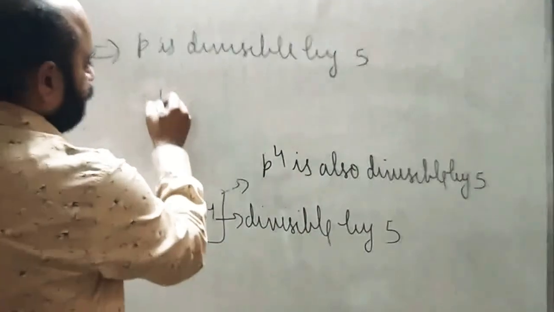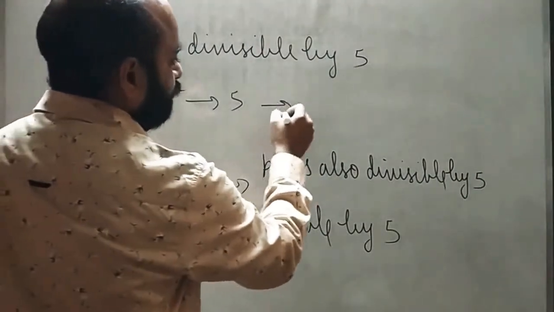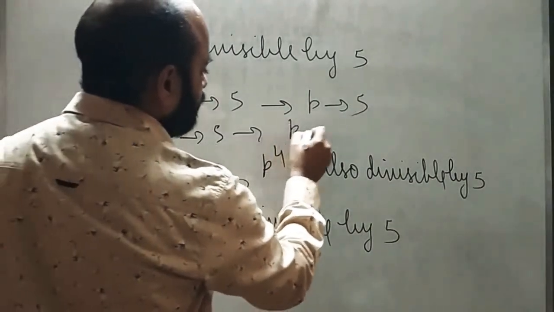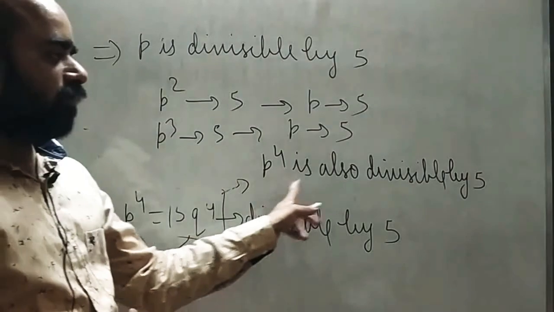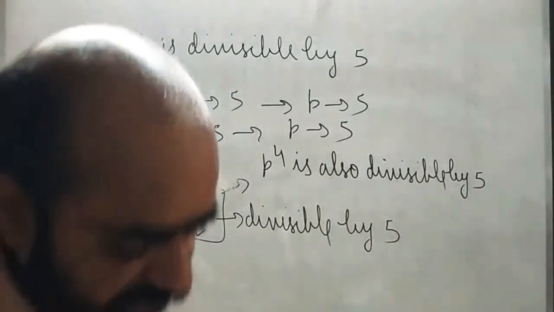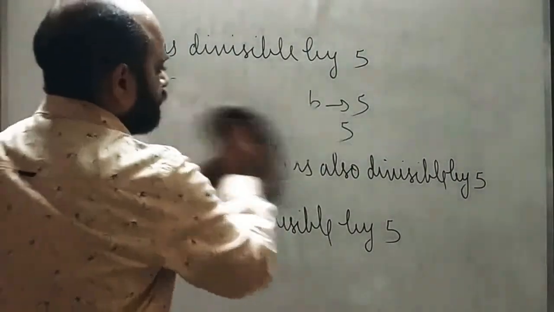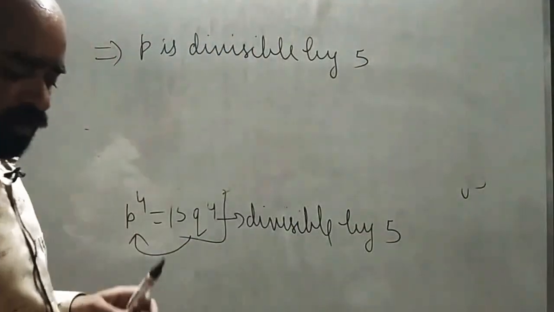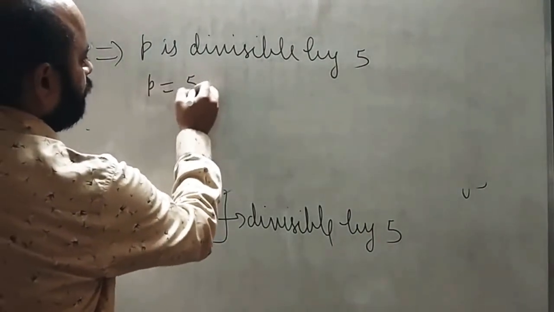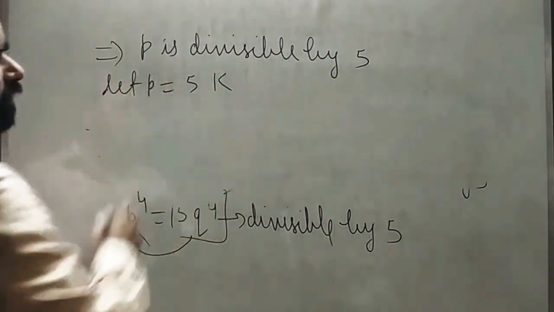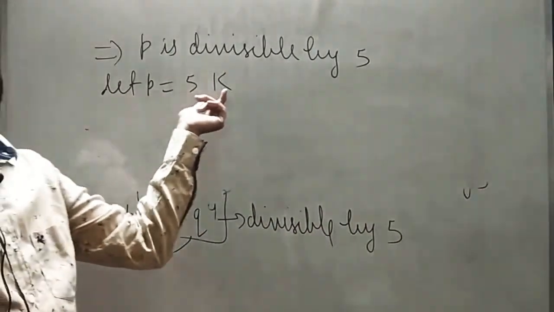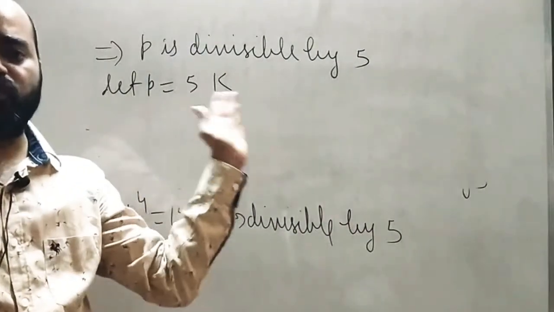What? If p square is divisible by 5, then p is divisible by 5. If p cube is divisible by 5, then p is divisible by 5. If p to the power 4 is divisible by 5, then p is divisible by 5. Already we have studied the theorem. So next, if p is divisible by 5, p can be written as some multiple of 5: 5 into 1, 5 into 2, 5 into 3.